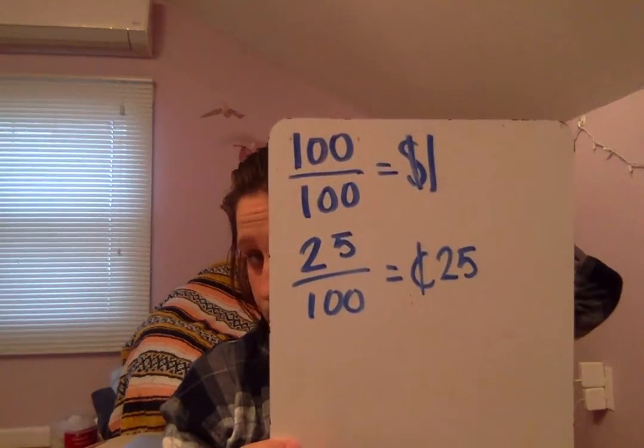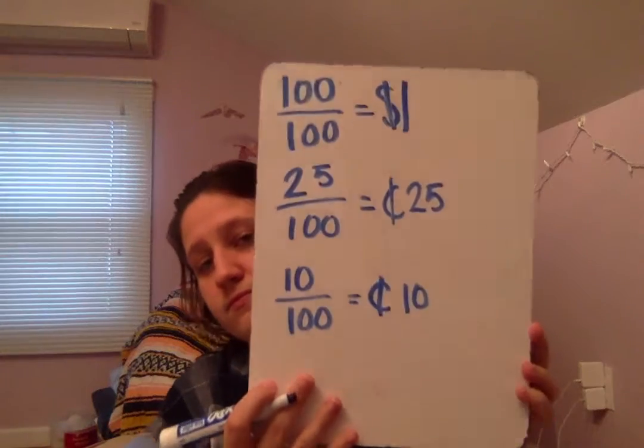Now, if I had a dime, that would be 10 cents over 100 because there's still 100 pennies in a dollar, and that's 10 cents. 5 cents would be the same, and 1 cent would be the same. 5 and 1 over 100.